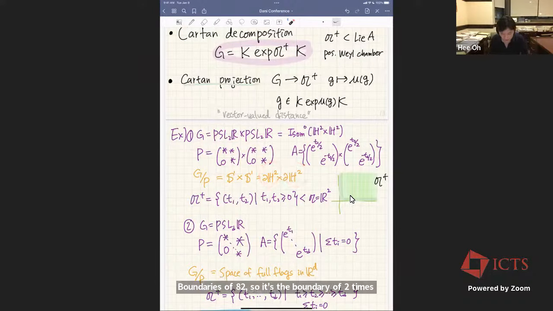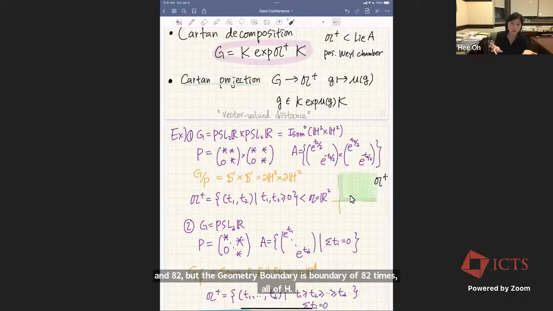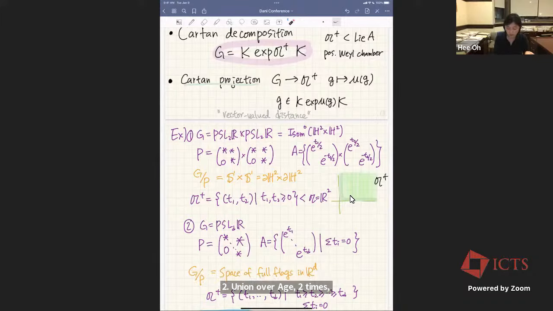Here it is important to note that this Furstenberg boundary is not the same as the geometric boundary of this Riemannian symmetric space H2 times H2. To this product group, the corresponding Riemannian symmetric space is the product of two H2, but the geometric boundary is the boundary of H2 times all of H2, union all of H2 times the boundary of H2, union the Furstenberg boundary.